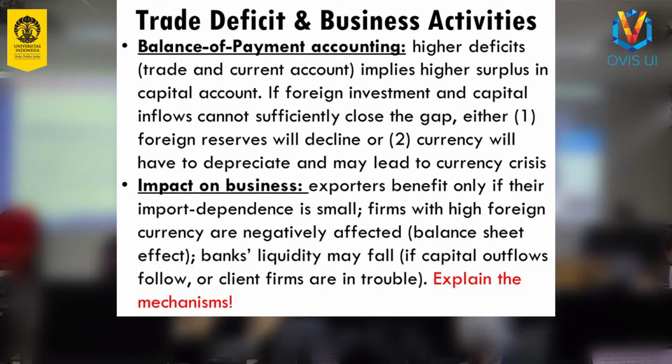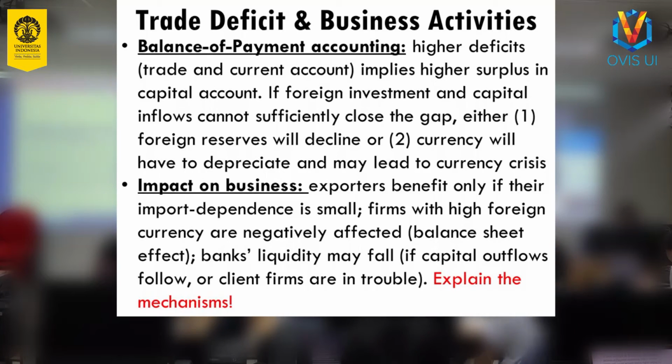Now, students from accountancy know very well about balance sheets, but for those who are in economics, just imagine a balance sheet. It's like a T account. On the left hand side is the asset, on the right hand side is the liabilities, right?